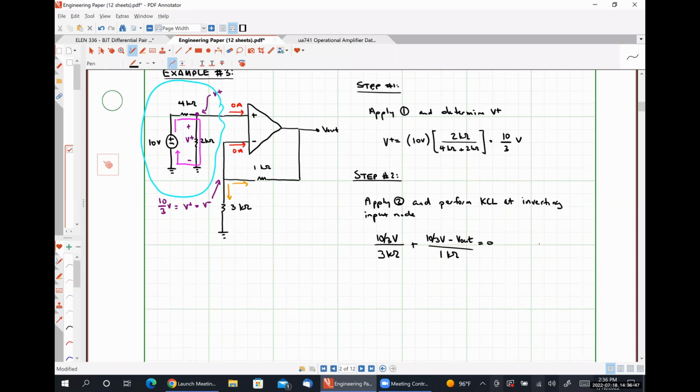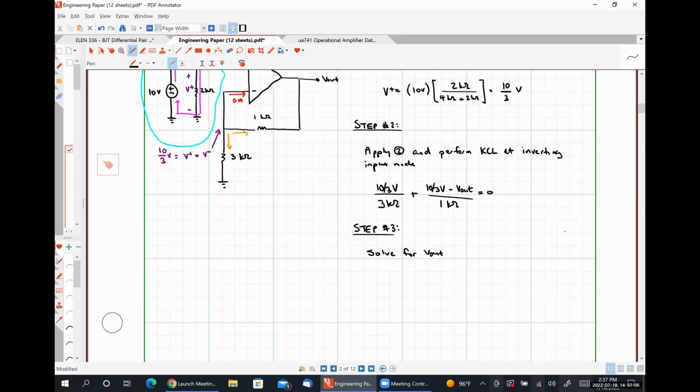And then finally, we get to step number 3, which is just solve for V out.